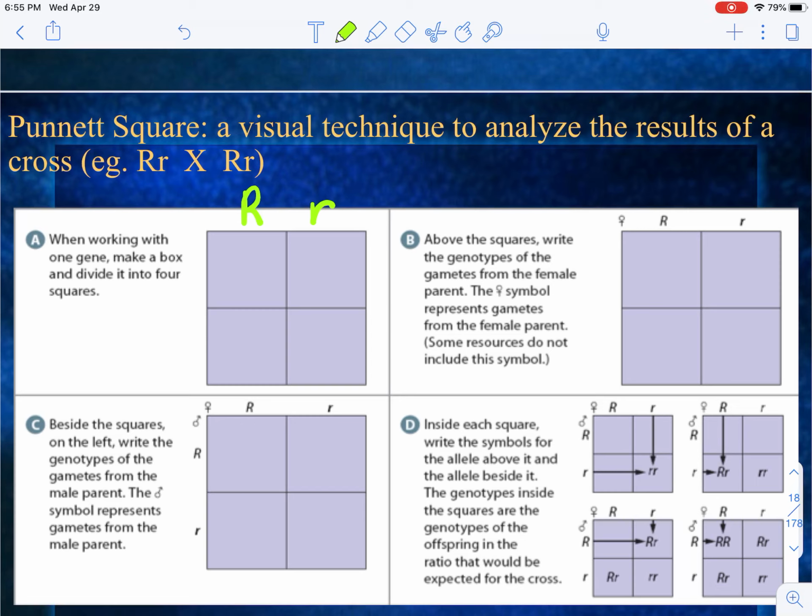So, for example, in this question, one parent had a combination of heterozygous, 1 round, 1 wrinkled gene. So if this was the male, half the sperm would be carrying the round gene and half the sperm would have the wrinkled. If it was looking at the other side, the female, and if they had the same genotype, or were also heterozygous, that meant half the eggs would carry a round gene and half the eggs a wrinkled gene.